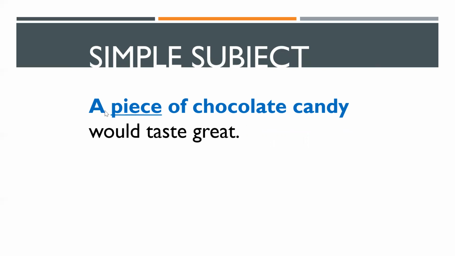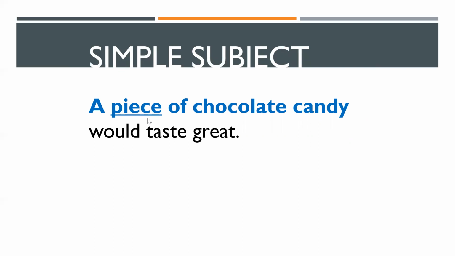So we have a piece of chocolate candy. From the subject, a piece of chocolate candy, the main noun is not chocolate candy. We need to go to the first one, that is piece, sepotong. Why? Because here we have of. If you have of, the main noun would be the last word before of.